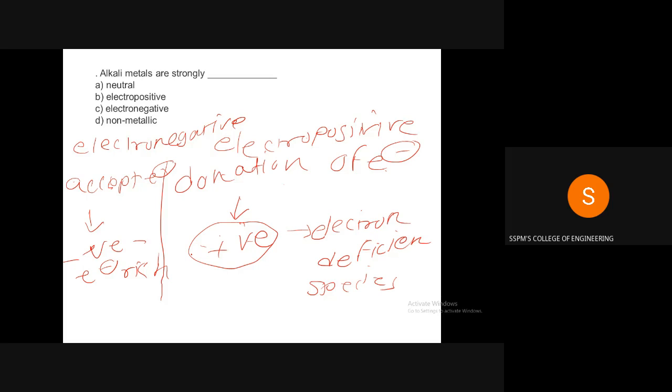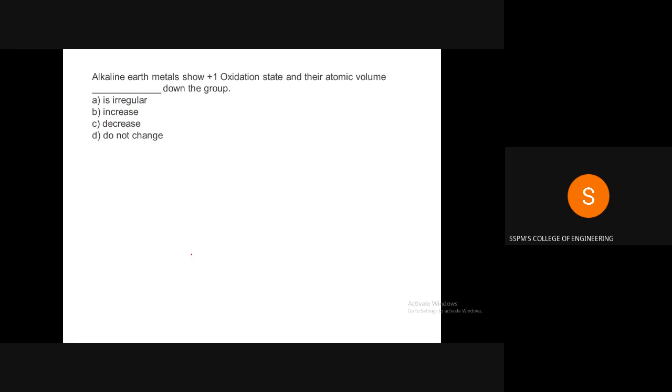Then, alkaline earth metals show +1 oxidation state and their atomic volume increases as you go down the group. Atomic volume has been asked. This is an extra sentence, in which there is only one correction: it is alkali metals, not alkaline earth metals. Alkali metals have +1 oxidation state and their atomic volume increases down the group.